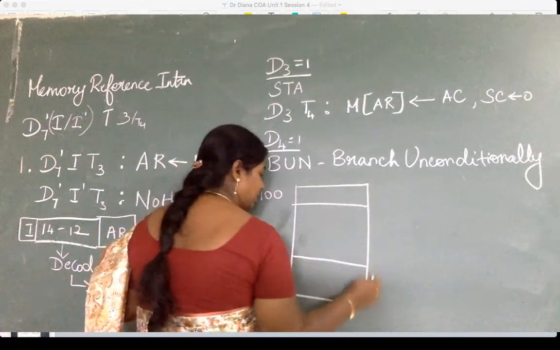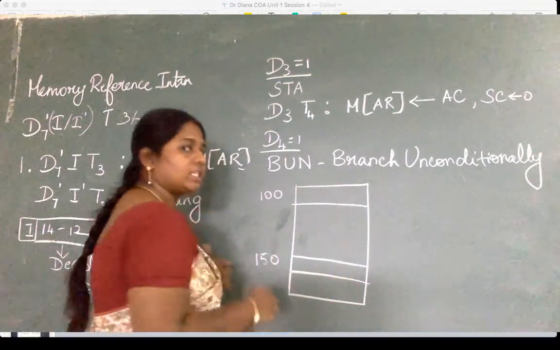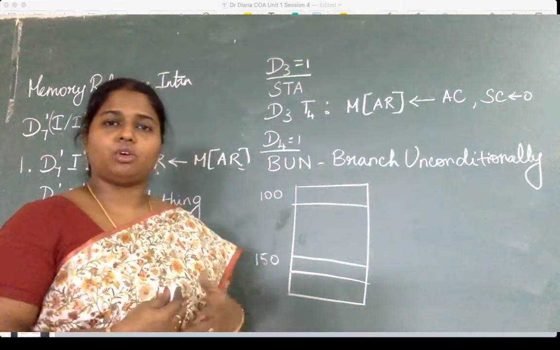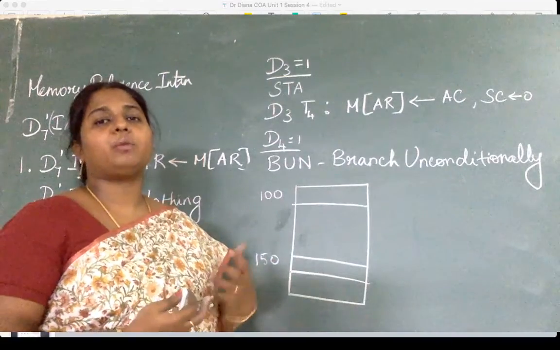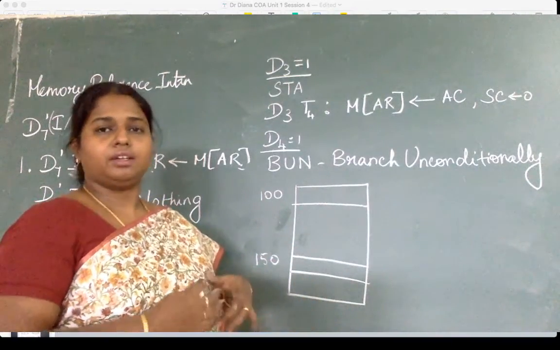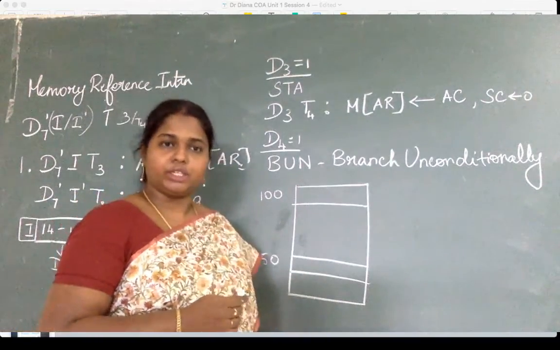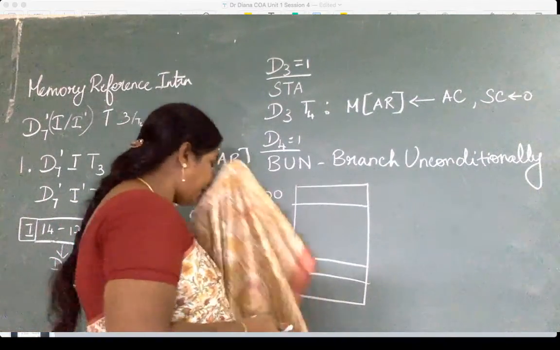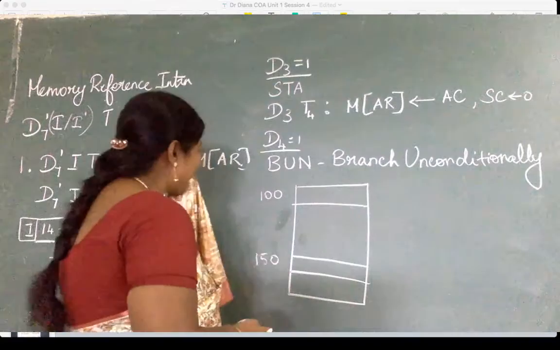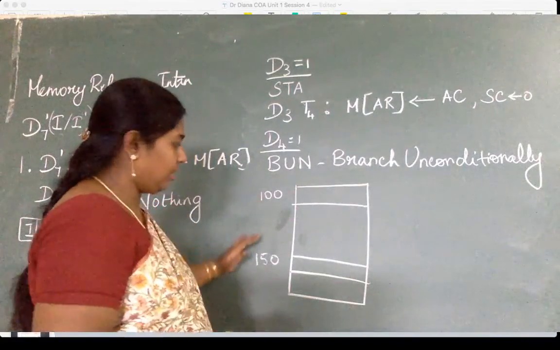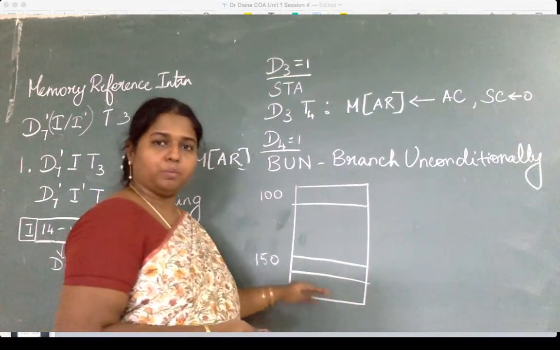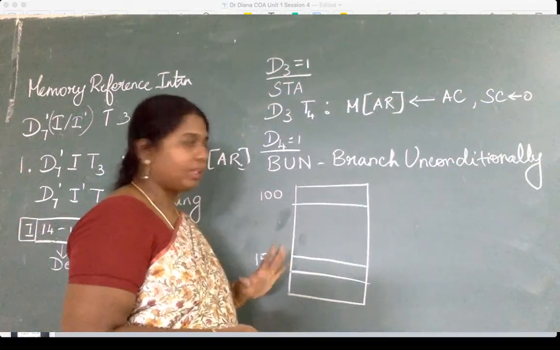We all know what subroutines are, right? It's a subprogram, just like how we have functions in a C program. We call them subroutines in assembly language programming. The programming that we do here is assembly language programming. I have a subroutine at memory location 150.